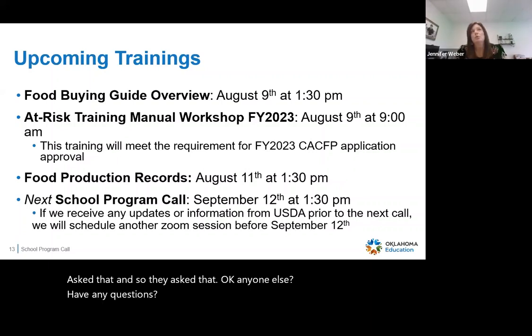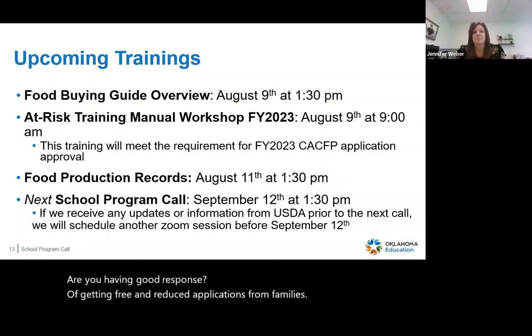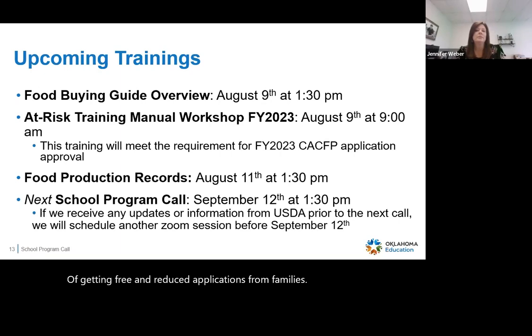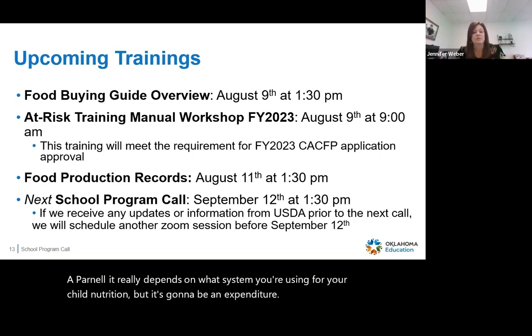Are you having good response of getting free and reduced applications from families? Parnell, it really depends on what system you're using for your child nutrition, but it's going to be a revenue expenditure report.